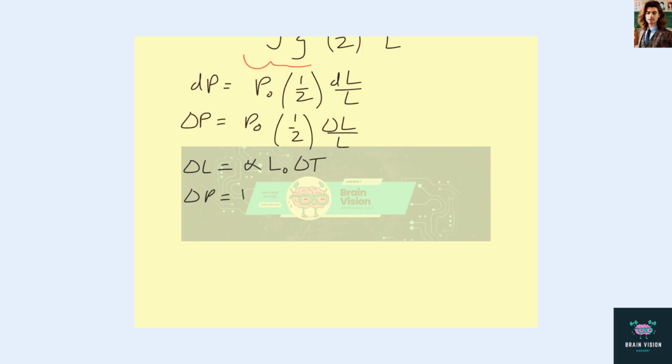So delta P is going to be equal to P naught over 2 times alpha L naught delta T over L naught. The L's will go away, and we get our change in period is going to be the initial period over 2 times alpha delta T. Now let's plug in our numbers.